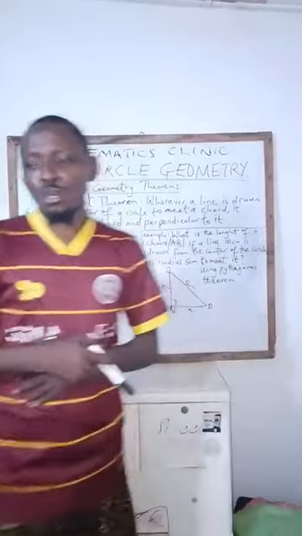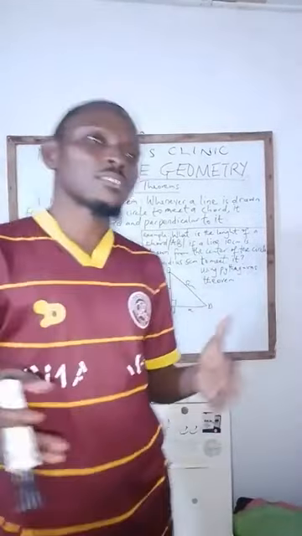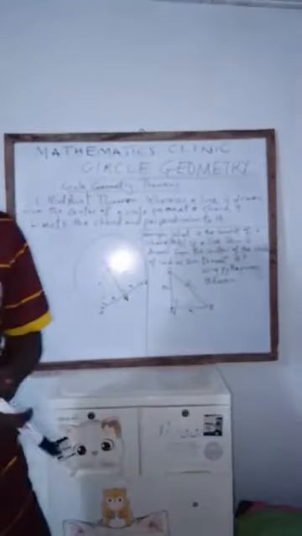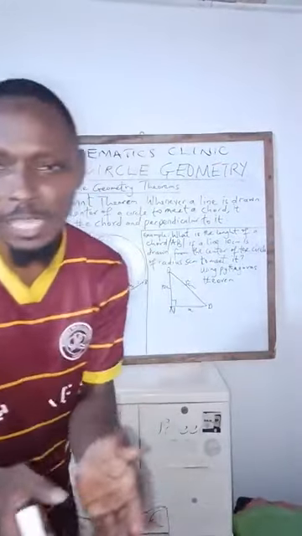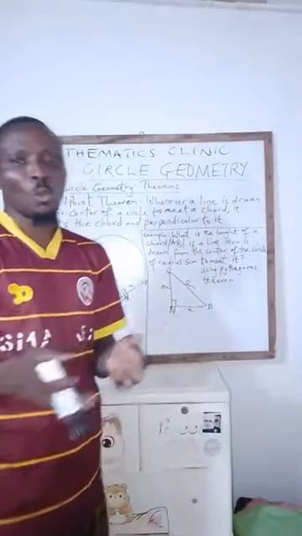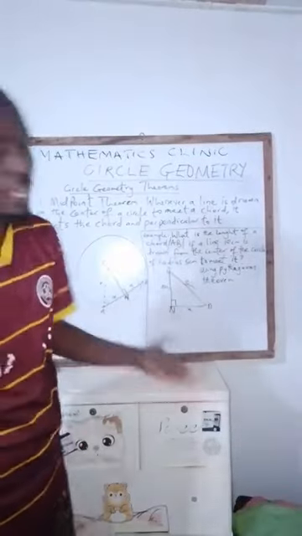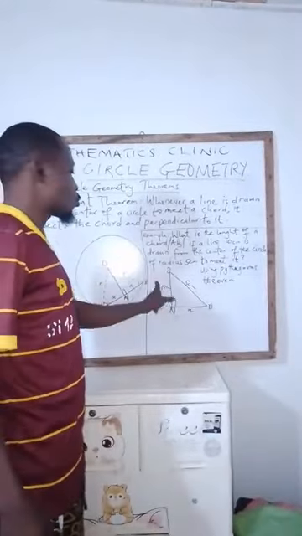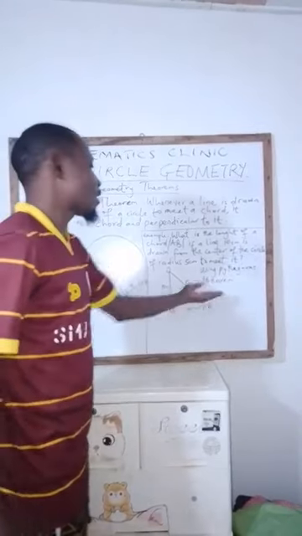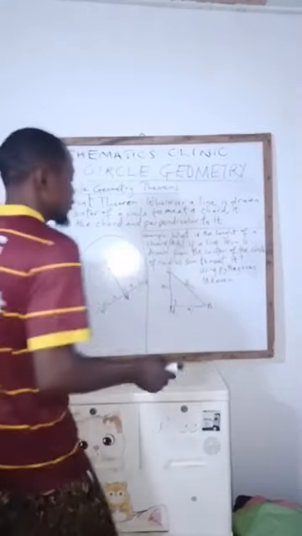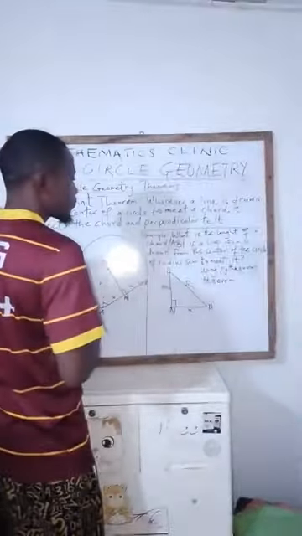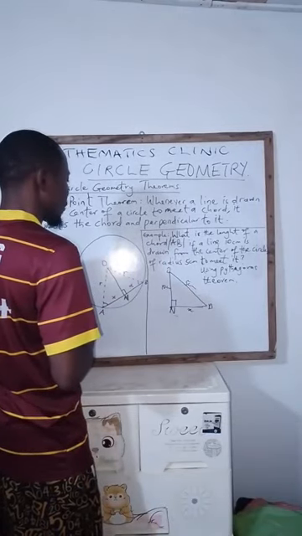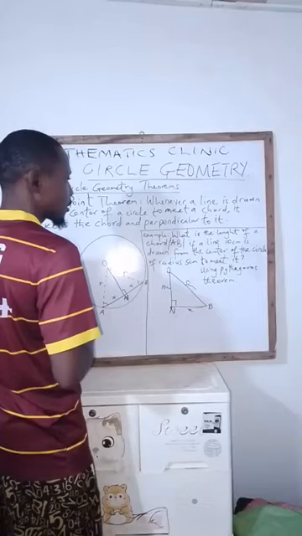For those who do not know, Pythagoras theorem states that the square of the longest side of a right angle triangle, which is the hypotenuse, is equal to the sum of the square of the other two sides. Meaning, square of this. Oh, there's a mistake in the question. There's no way this question will ever be correct.